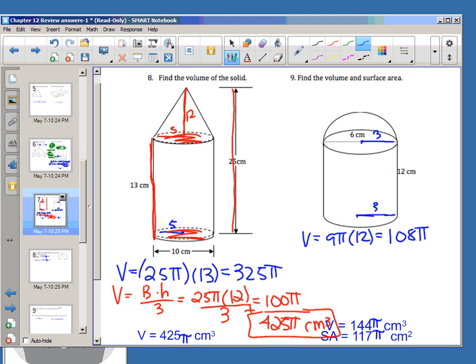And I'm going to find the volume of the hemisphere. So first I'm going to use the volume of a sphere. The volume of the sphere is 4 pi r cubed divided by 3. So this is the volume of the cylinder, this is the volume of the sphere. So I'm going to do 4 pi times 3 cubed divided by 3.